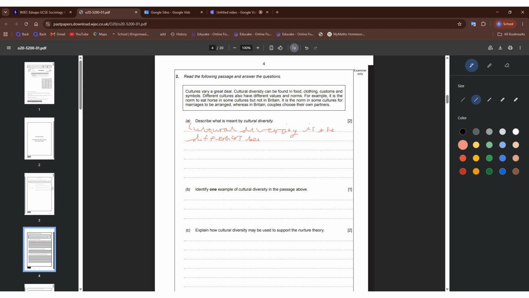Obviously, we will check the mark scheme. I am a GCSE student, so I might get these things wrong, and we all just learn.